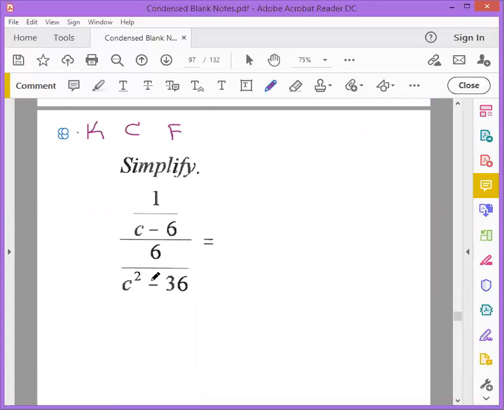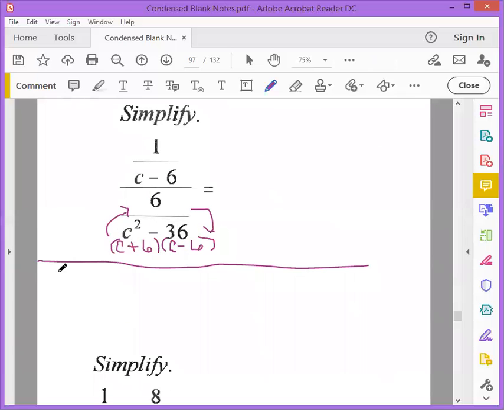So this c squared minus 36, we can factor this as c plus 6 and c minus 6. All right, so when we flip our bottom fraction, we're going to just use these factors instead of c squared minus 36.